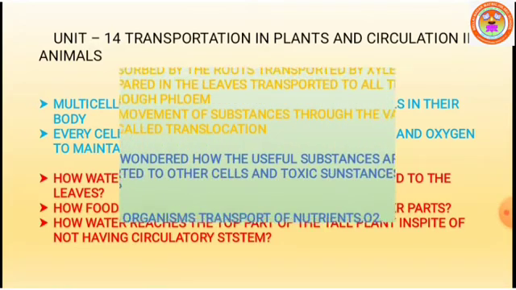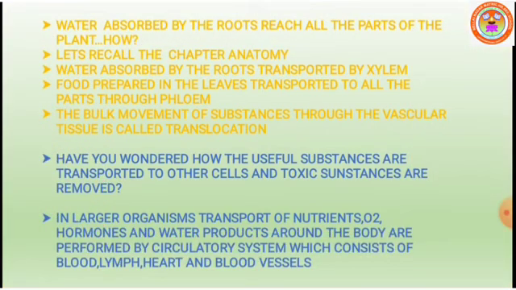Water absorbed by the roots has to reach the entire plant, and food synthesized by the leaves has to be distributed to all the parts of the plant. To understand this, we need to recall the previous unit, anatomy of the plants.